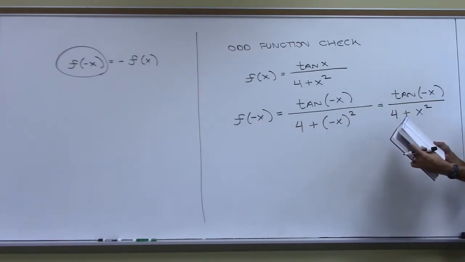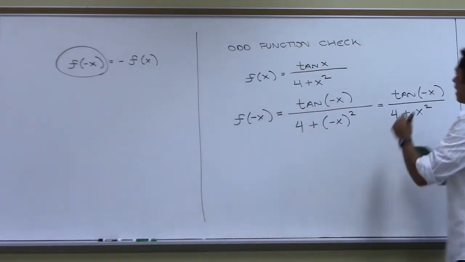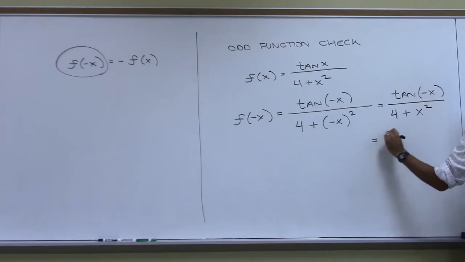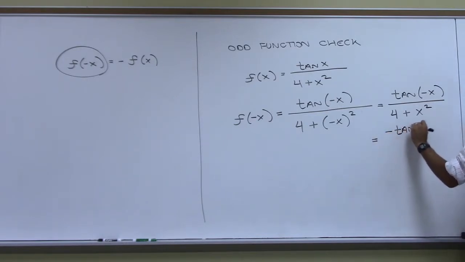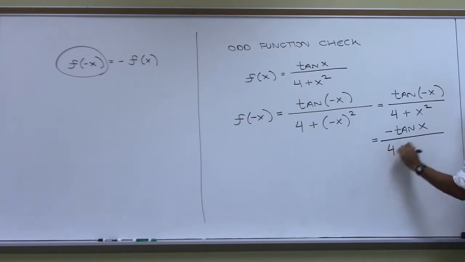Y'all see that? So I know that I could rewrite this as negative tangent x over 4 plus x squared, right? That's what I get when I plug a negative into this function.